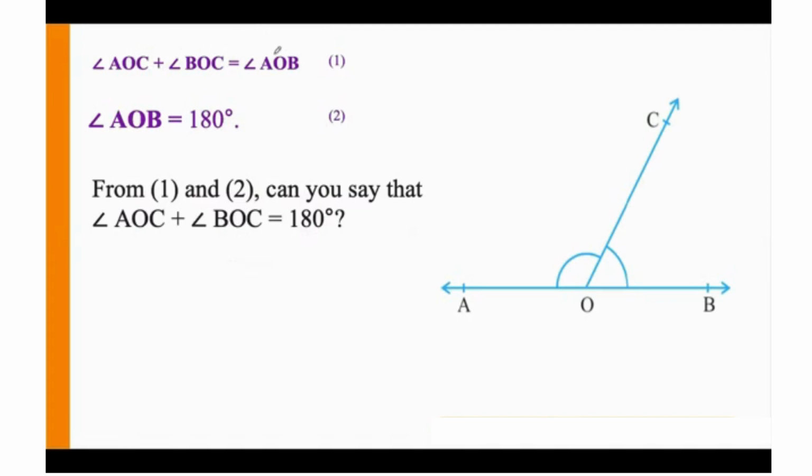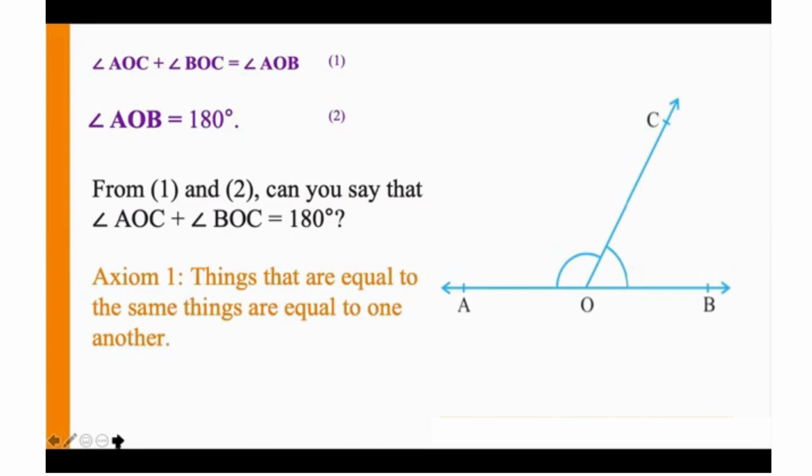This plus this is equal to AOB, and AOB is equal to 180 degrees. So can we say that AOC plus BOC is equal to 180 degrees? Yes, we can, because according to axiom 1 of Euclid, things that are equal to the same things are equal to one another. And so we can say that AOC plus BOC is equal to 180 degrees.